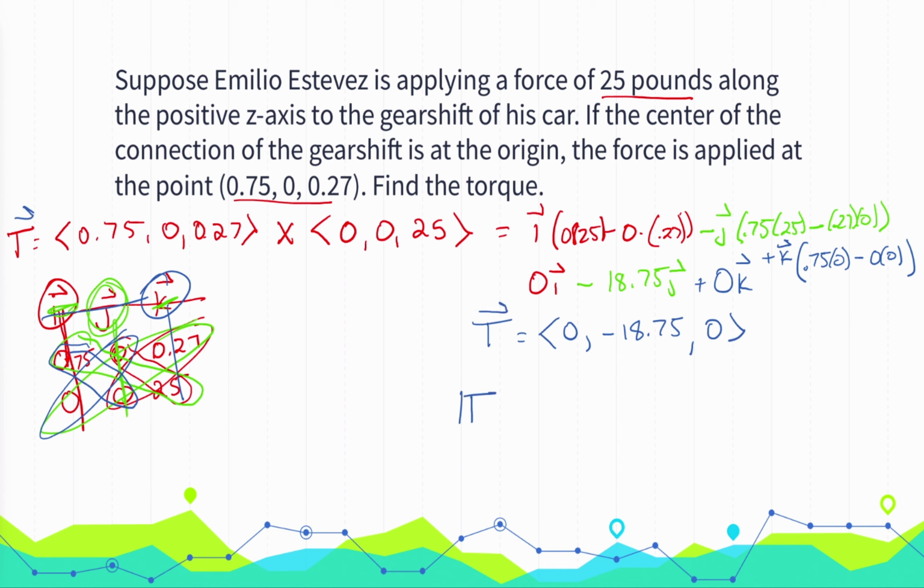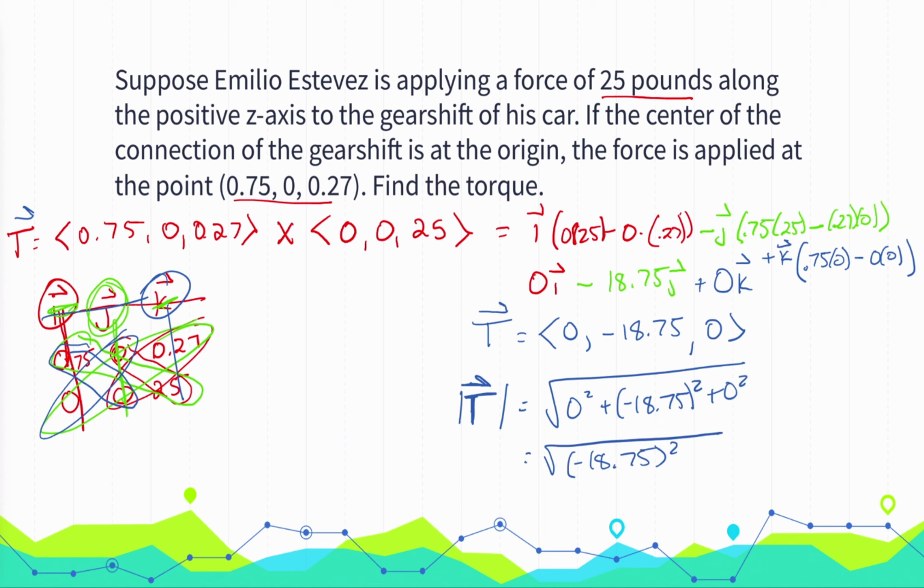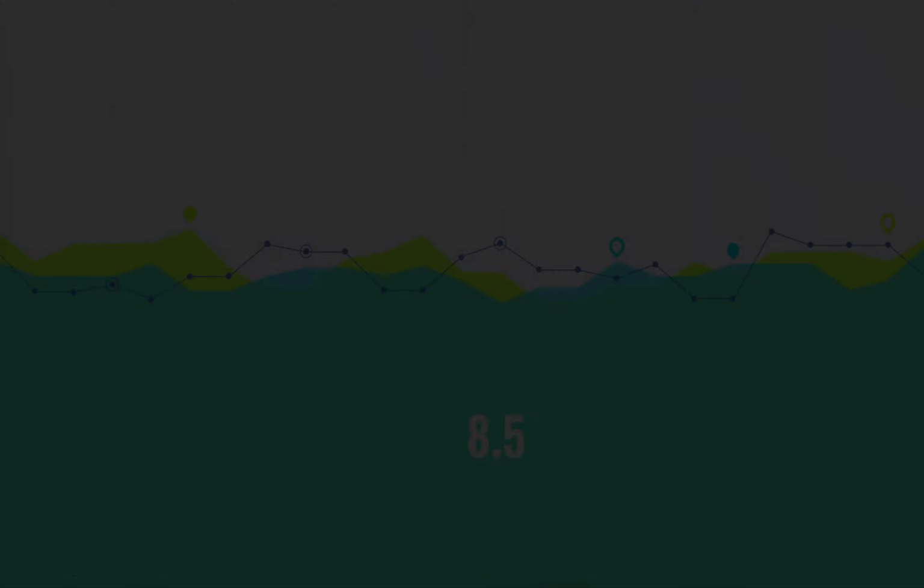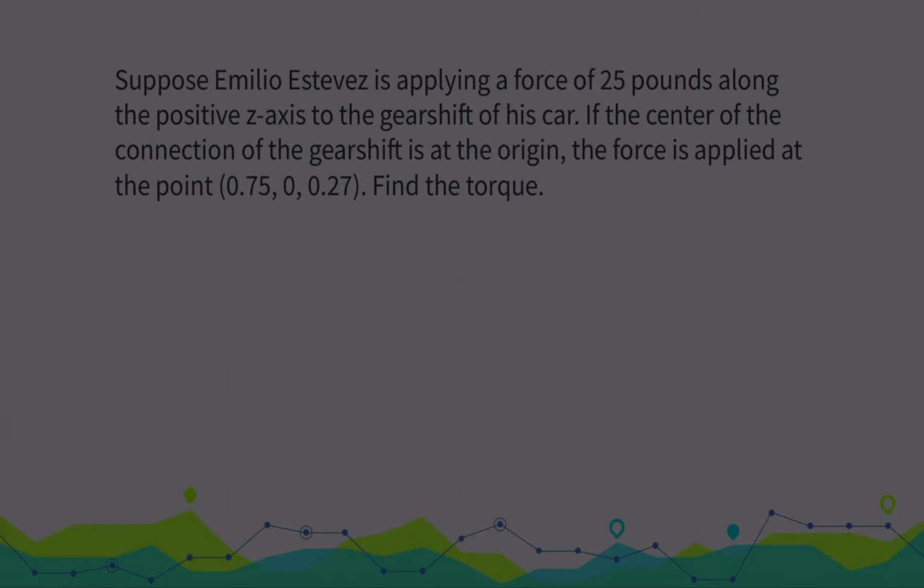Right, the magnitude of this vector is going to be square root of 0 squared plus negative 18.75 squared plus 0 squared, which is the square root of negative 18.75 squared, which is 18.75. Yay, wasn't that fun?